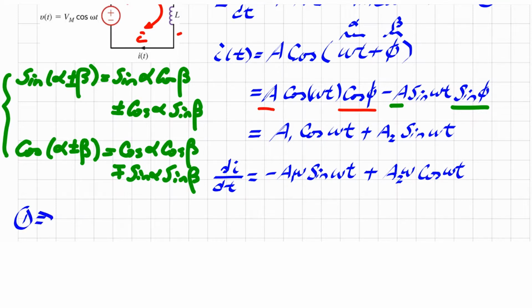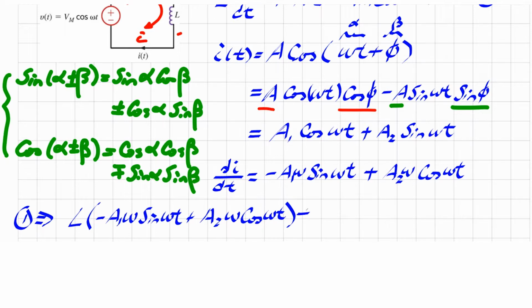So the equation 1 is equal to L multiplied by the di/dt, which we just worked out, and that is negative A1 times omega times sine omega t plus A2 times omega times cosine omega t.